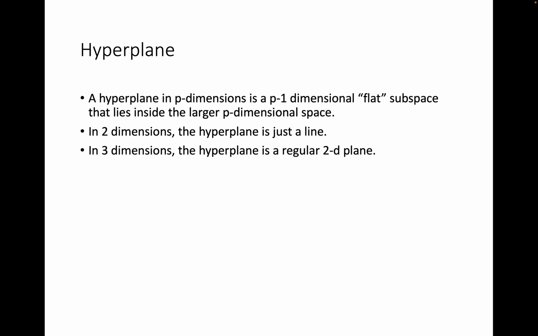Hyperplane. A hyperplane in p dimensions is a p minus 1 dimensional flat subspace that lies inside the larger p dimensional space. In two dimensions, the hyperplane is just a line. Never mind.